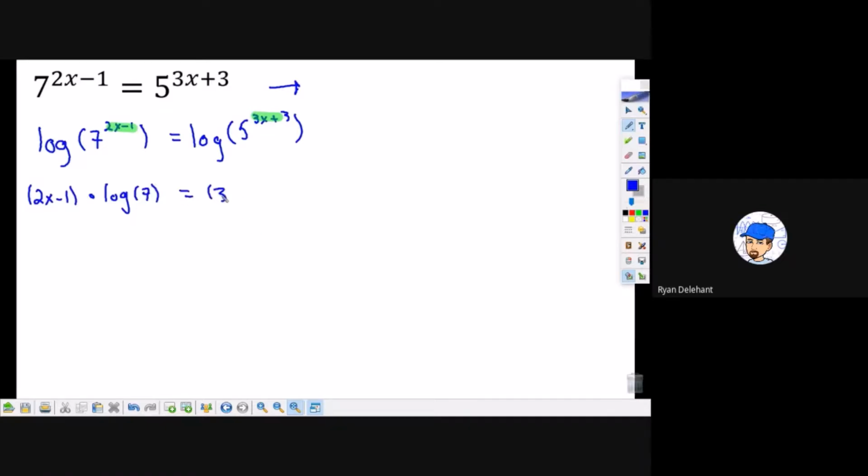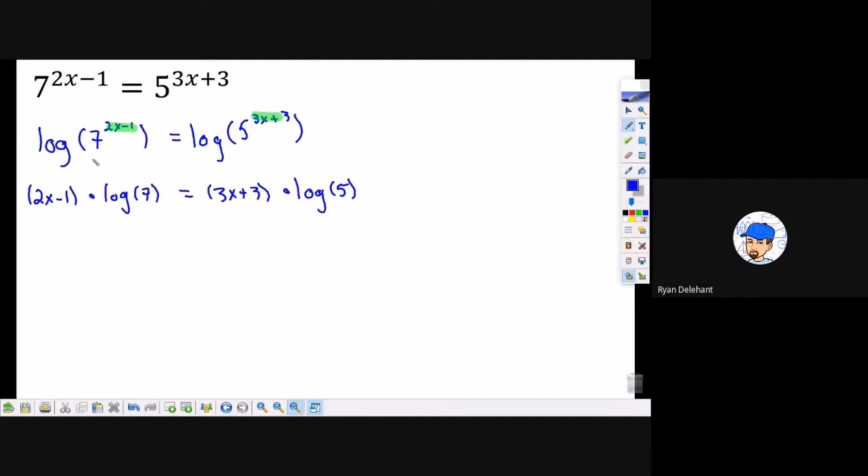This is 3x plus 3 times the log of 5. It still looks messy, but what we've just gotten rid of, and what we didn't get rid of when we used change of base, there's no more exponents to this. It's just multiplication, addition, and subtraction. So that means that I can use normal steps of algebra to be able to solve this.